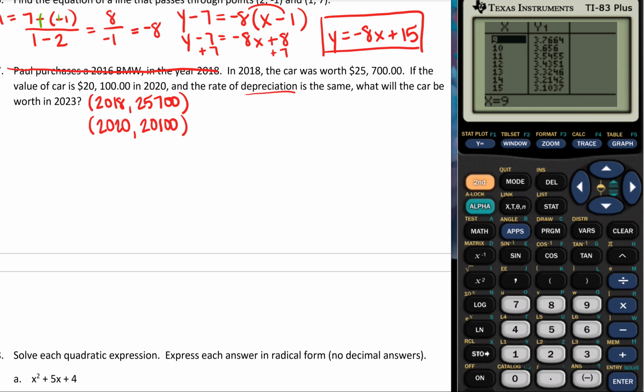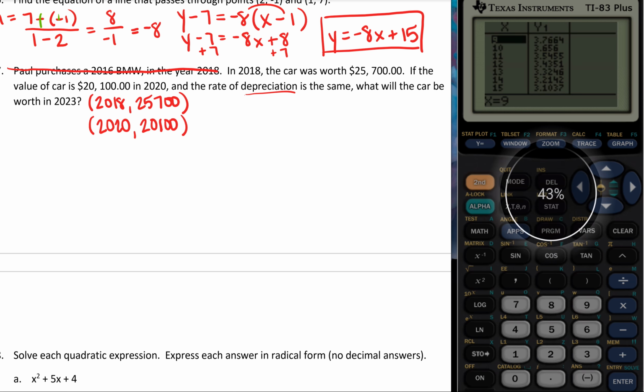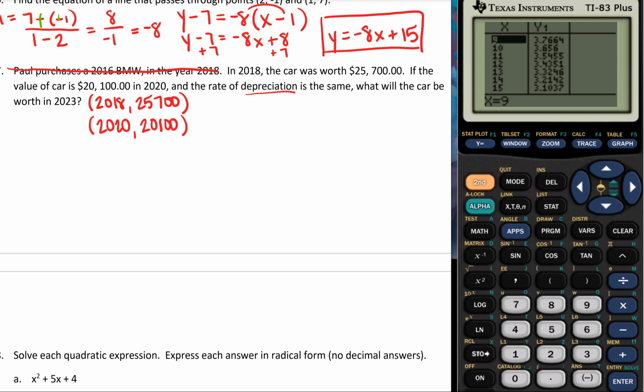I know I'm going to have to calculate the equation so that then I can find out the value of the car in 2023. Now, I also want to teach you, hopefully you have already realized this, you can also have your stat button find your equation for you. We know 2018 and 2020.